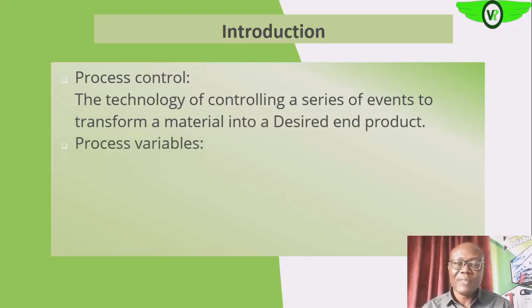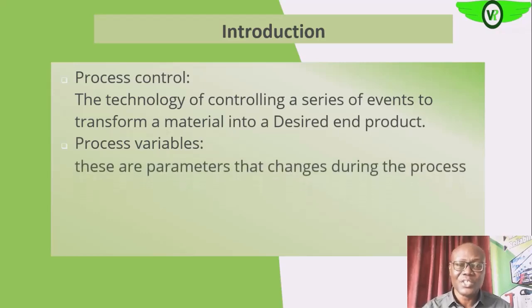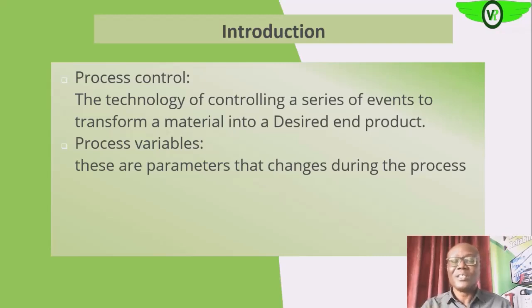So we also have process variables. As we said before, these are process parameters that change with conditions of the process during normal operations. These process parameters have the capability of affecting the process and thus the output or the finished product.